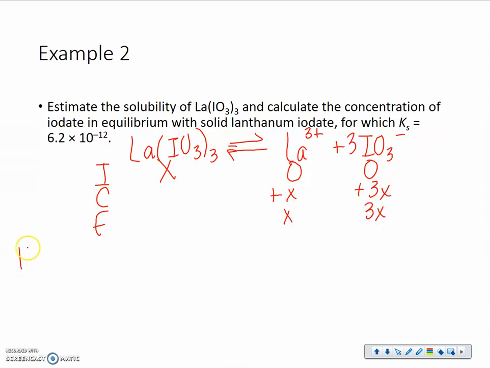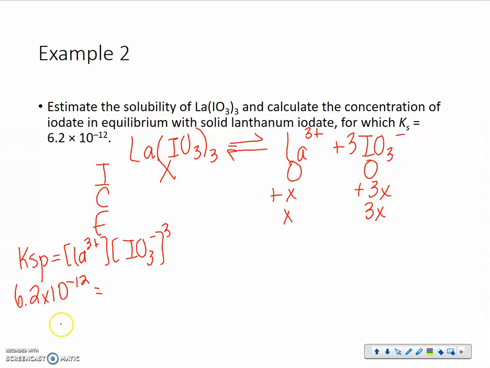Okay, so our KSP expression is 6.2 times 10 to the negative 12. This is x.